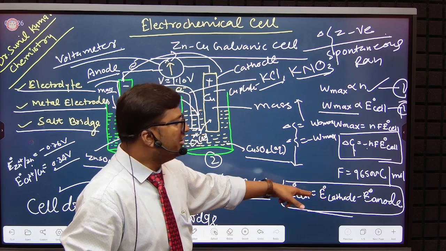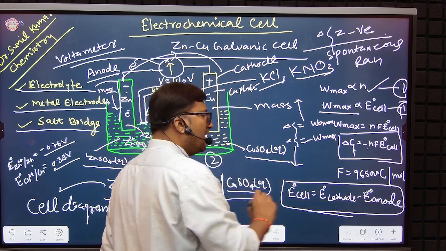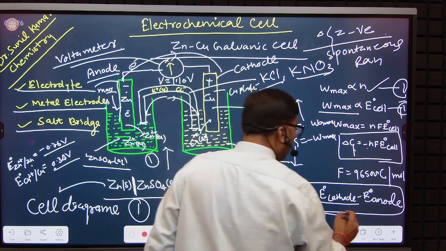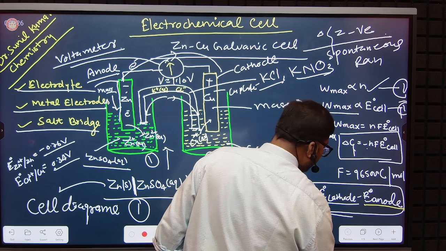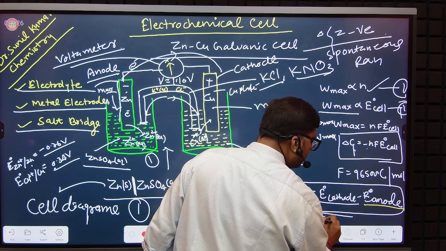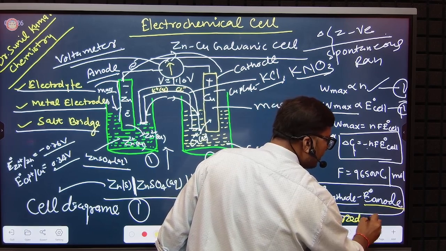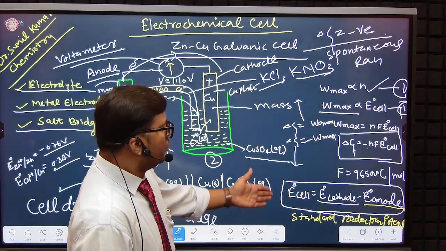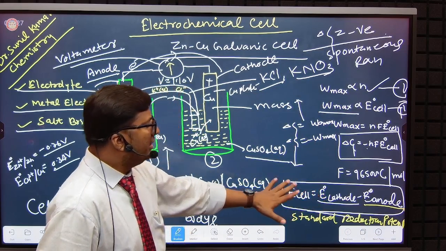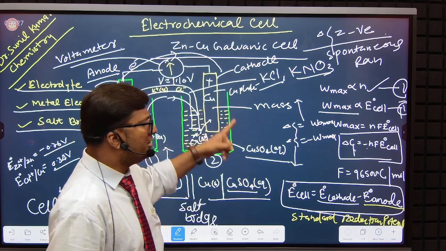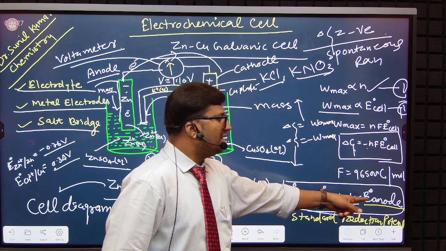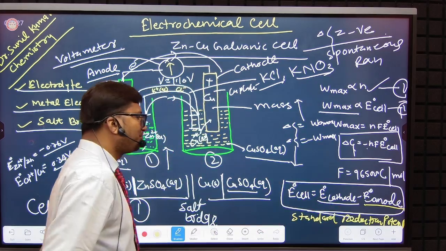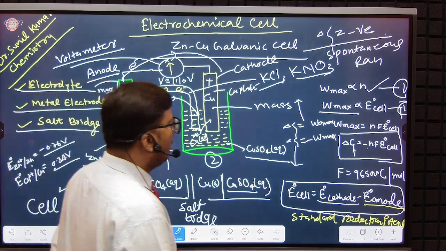Here these two values are standard reduction potentials. So the standard reduction potential of the cathode is higher because of the positive charge, and the standard reduction potential of the anode is lower, and hence the potential difference is positive, right?